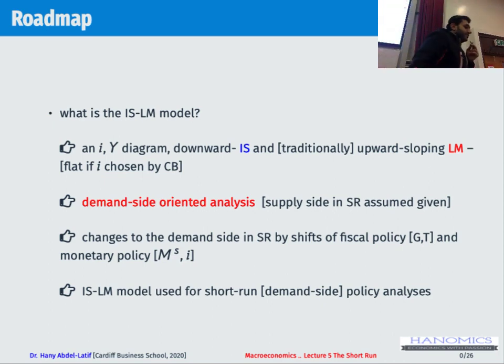The LM traditionally looks like an upward sloping curve, but today we'll talk more about the idea that if central banks choose the interest rate first and then adjust money supply, how this is going to affect the shape or the slope of the LM curve.